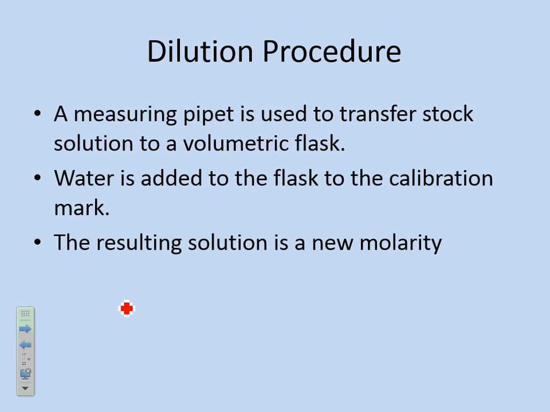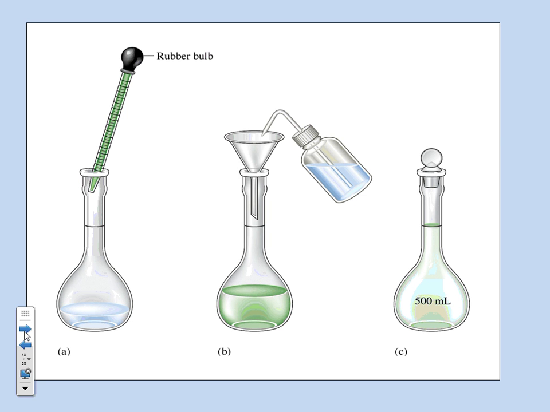You usually want some deionized water in it first because whatever you're transferring is more concentrated. And then you add water to the mark and you have your dilute solution. So in the representation, notice there's some deionized water in the volumetric flask. They add the concentrated and now fill water up to the mark. And now you have your new concentration.